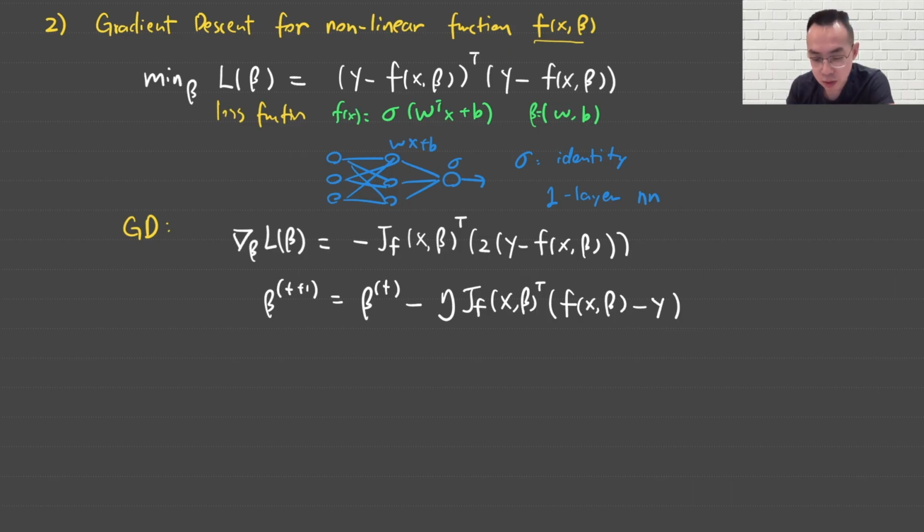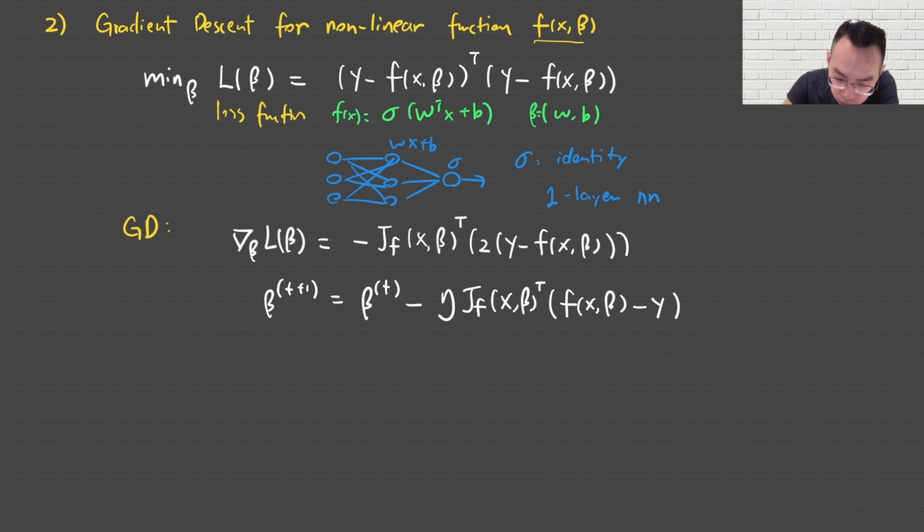Okay, so now this is the difference between this derivation and the derivation for the linear models, right? Because we can no longer just multiply by the matrix phi here to get the predicted value.